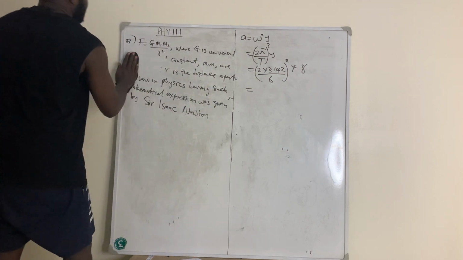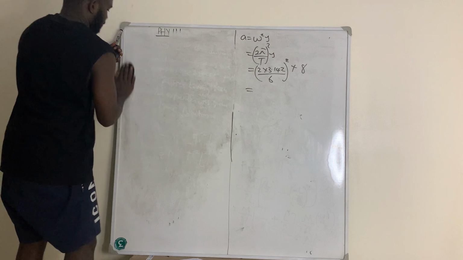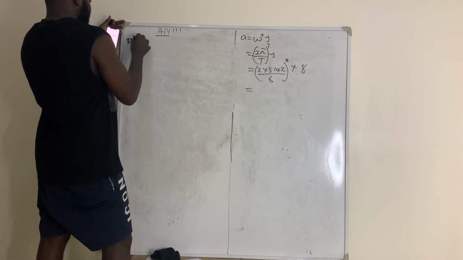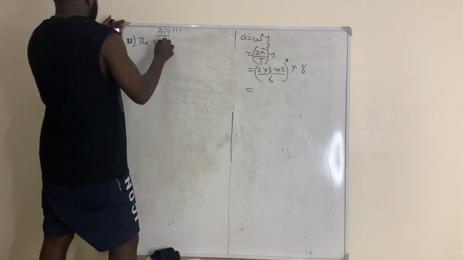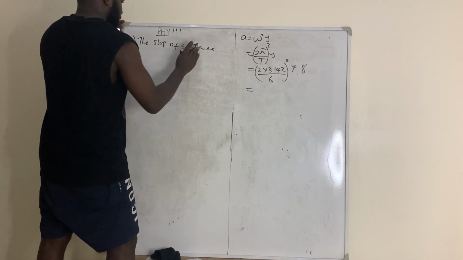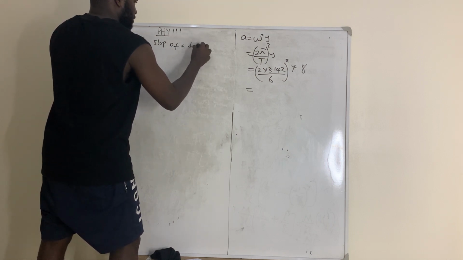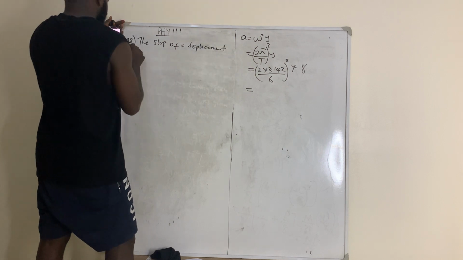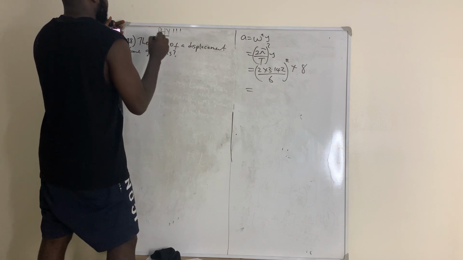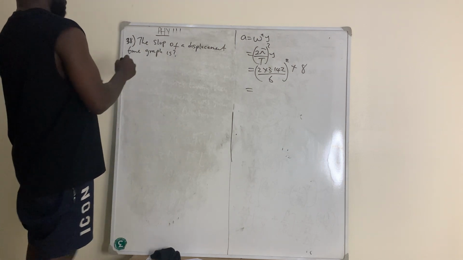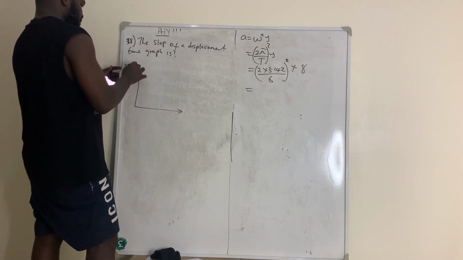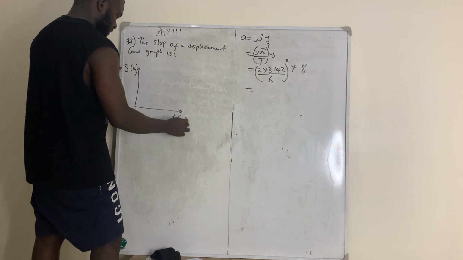So we move to question number 38. Question number 38 said the slope of a distance, of a displacement time graph is, then I say illustrate with a diagram. Now if I have displacement and the time, displacement is measured in meter and time in second.